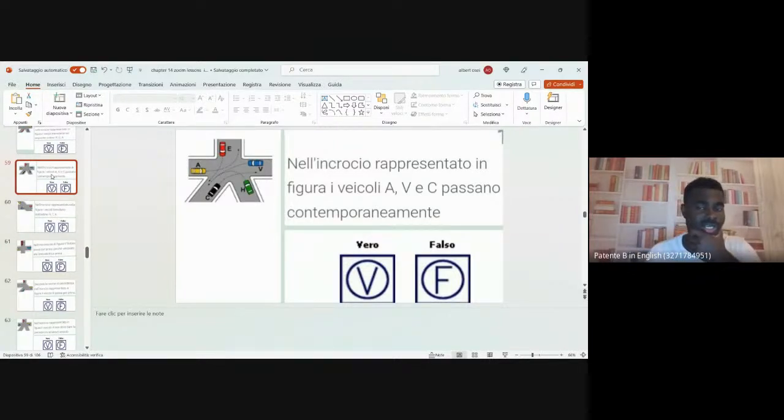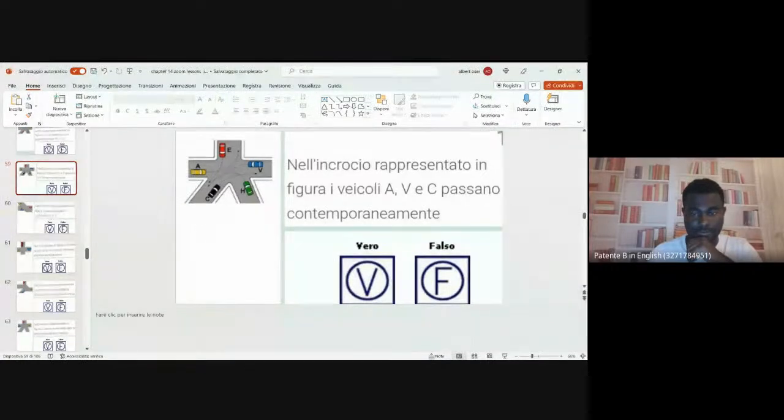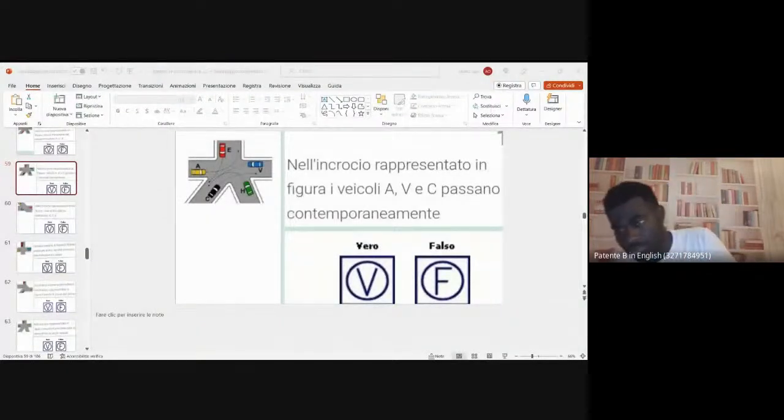So A, V and C pass at the same time, true or false? And the answer to this question is false. The question says that A, V, and C pass at the same time.